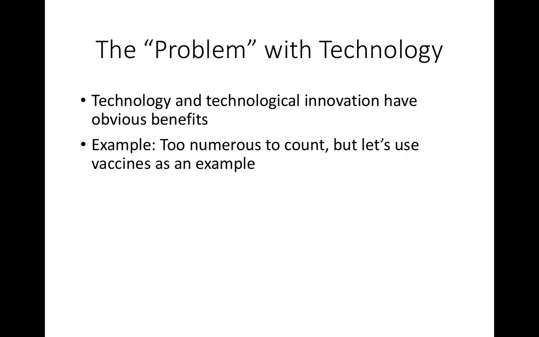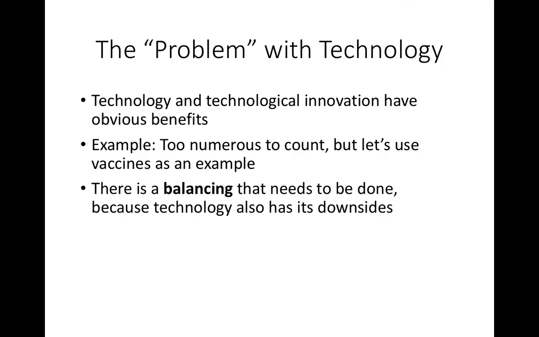Examples here are too numerous to count, but let's just use vaccines as one. So I'm not sure how familiar you guys are with vaccines as a policy issue in the United States, and here I'm not talking about vaccines causing autism or anti-vaxxers or anything like that, but instead vaccines have really enormous benefits for the population, right?